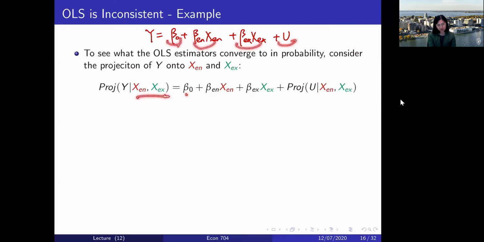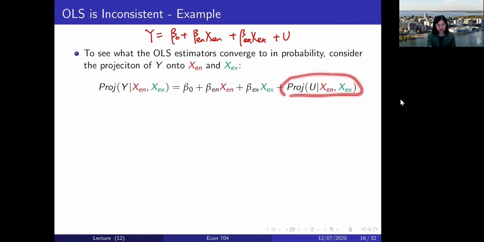Projection of beta 0 is beta 0. Projection of beta EN XEN is beta EN XEN. And projection of beta EX XEX is beta EX XEX. The last term is the projection of U on XEN, XEX.